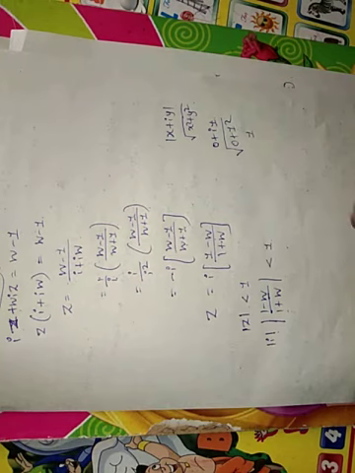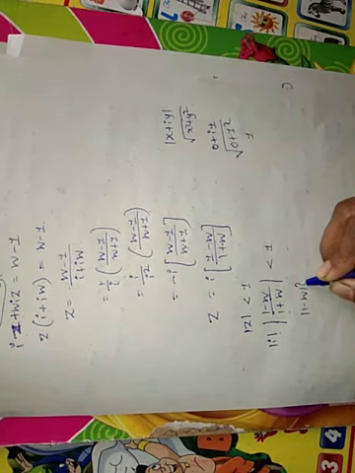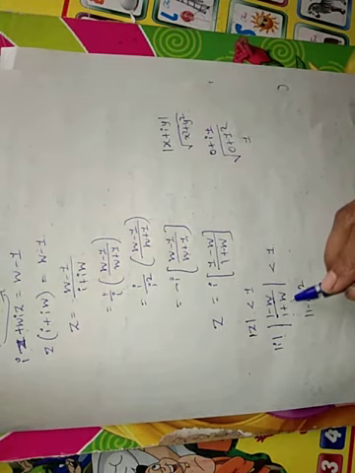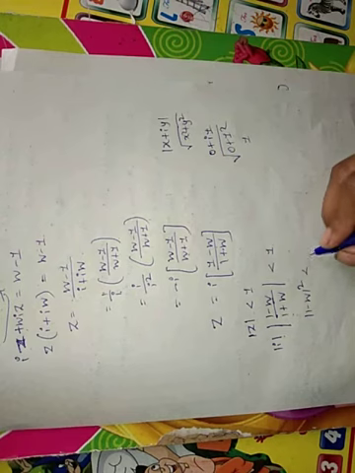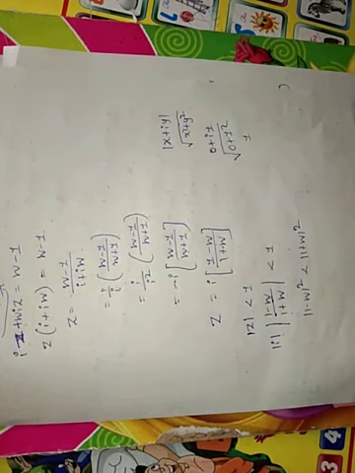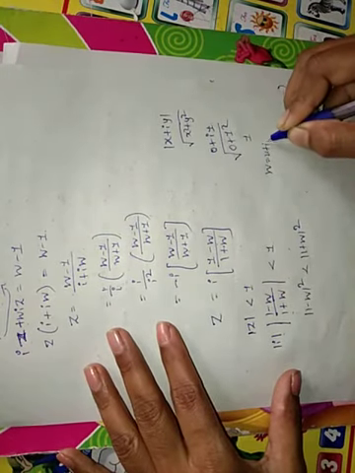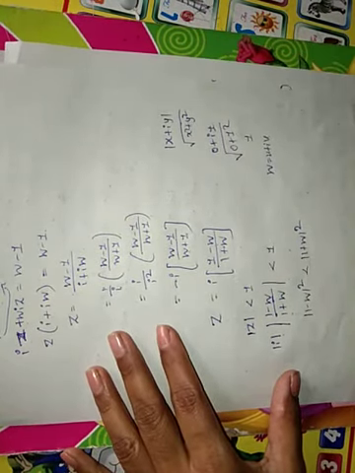Now, take a square. Square becomes mod of (1 minus W) whole square less than mod of (1 plus W) whole square, taking 1 plus W to that side. We know that W equals U plus IV.